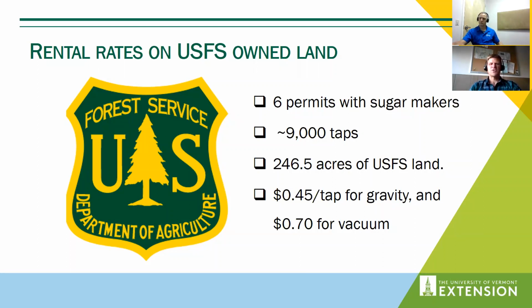The concept of charging more for vacuum versus gravity is an interesting one. It depends on how you look at it. From a tree perspective, the research shows that the wounding internally is about the same. We're still working on data on the sugar extraction part to see whether there's more stress as a result of vacuum tapping.